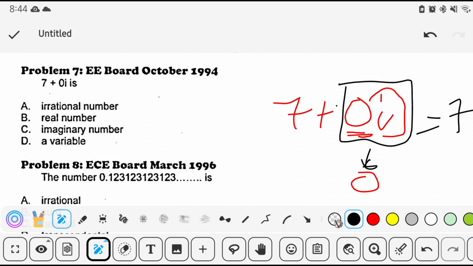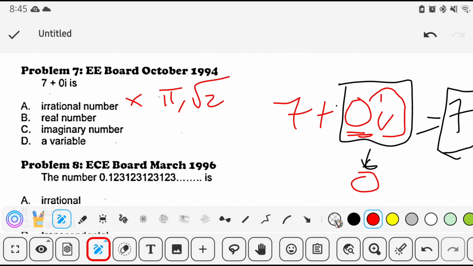And we have to identify what type of number this is. Is this an irrational number? No, definitely not an irrational number. When you say an irrational number, these numbers are not expressible as fractions. We have irrational numbers like pi, like the square root of 2.